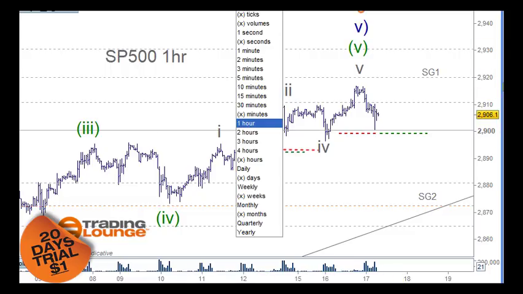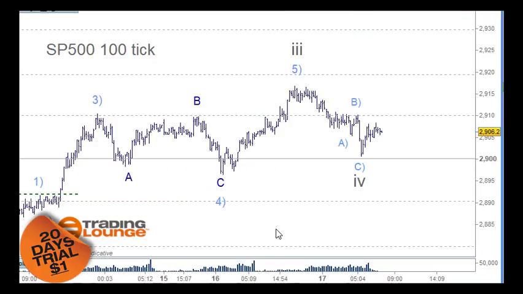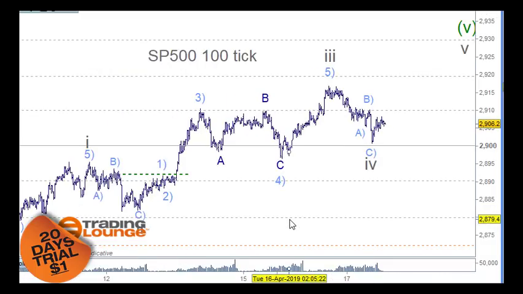I just got to check the tick chart because there can be one more little push to the upside, so I just want to go back over that in my mind here.